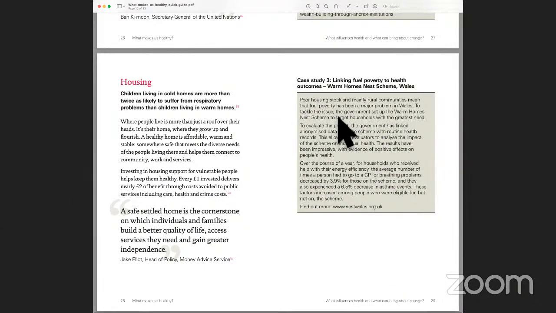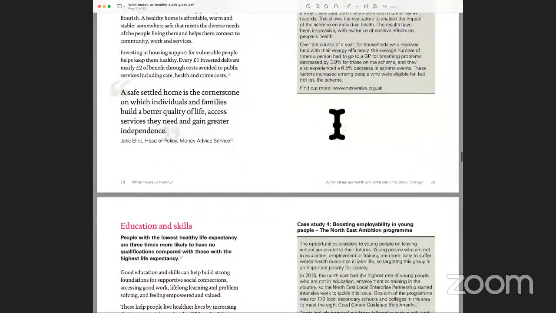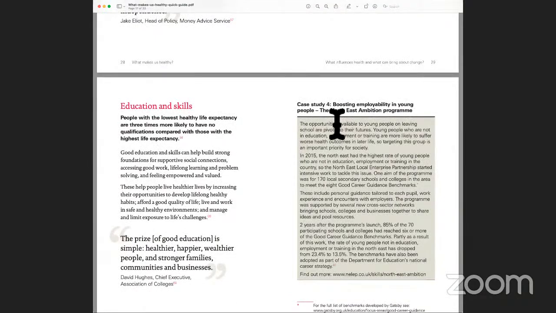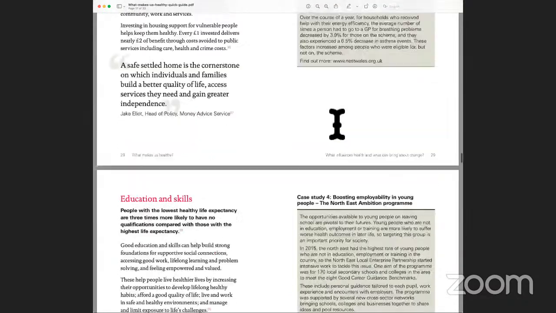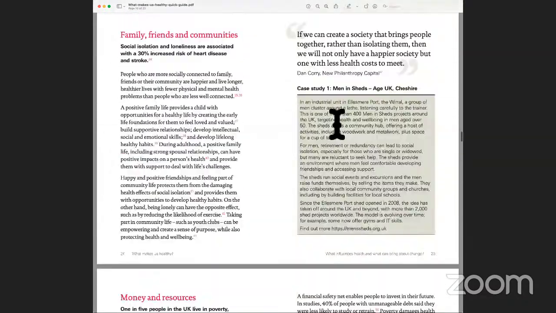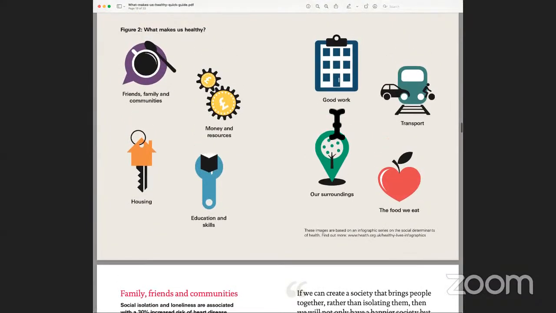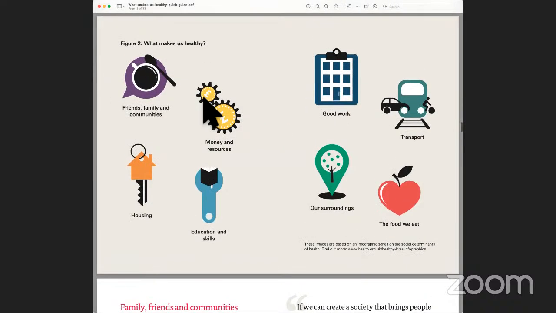It has lots of pictures. There are lots of arguments built to explain social determinants of health, how education plays a role, housing plays a role. They have been visually discussed: money, resources, our surroundings, what we eat, how we work, where we work, how we commute, and all these factors contribute to us having a healthy lifestyle.